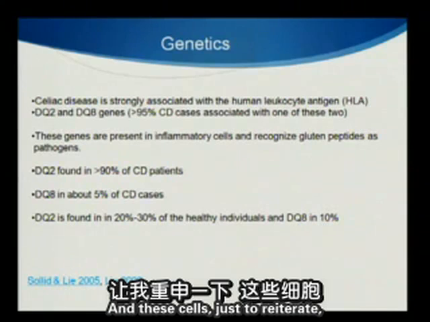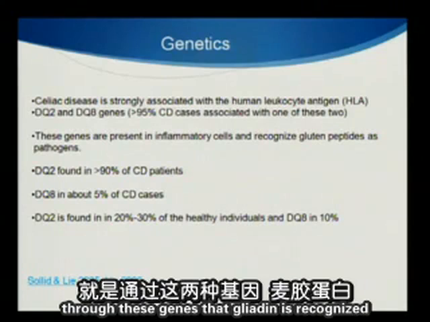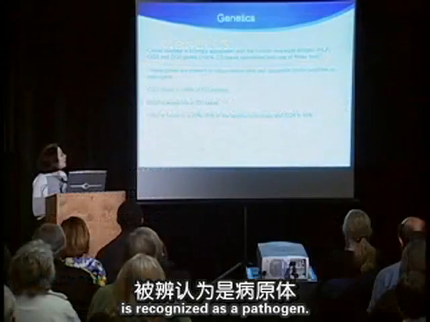And these genes, just to reiterate, are present in the inflammatory cells. And it's through these genes that the gluten peptide gliadin is recognized as a pathogen.